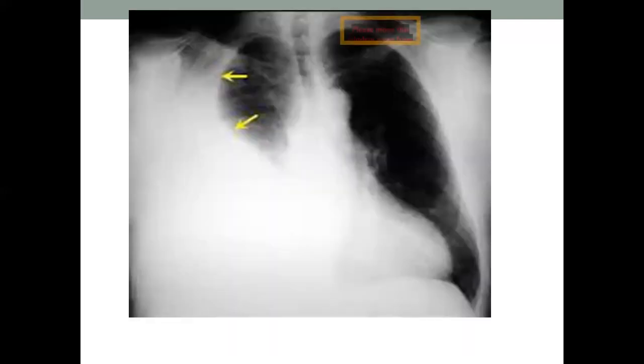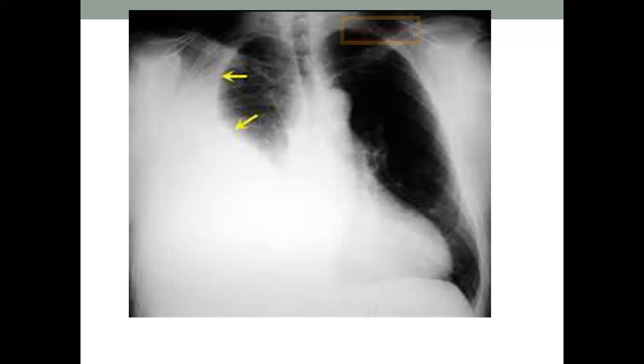This is another chest X-ray of pleural effusion. Here, we can say that this effusion is a mesopleural effusion because more than half of the hemithorax is filled with fluid.